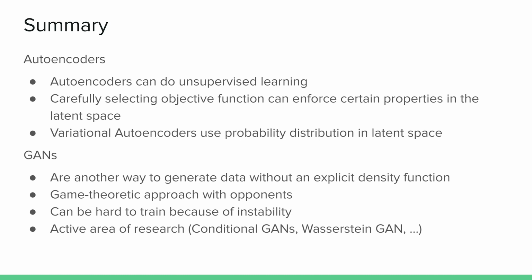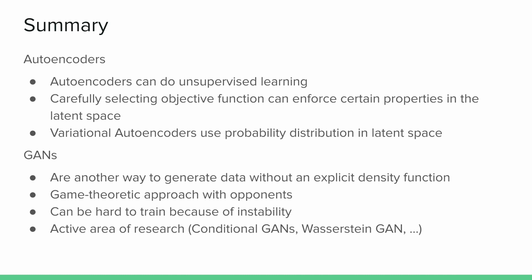And by carefully selecting the objective function, we can enforce certain properties in our latent space. So we can make it interpretable, we can make sure that the variables are disentangled, and we can use them as sliders to turn certain features up or down.